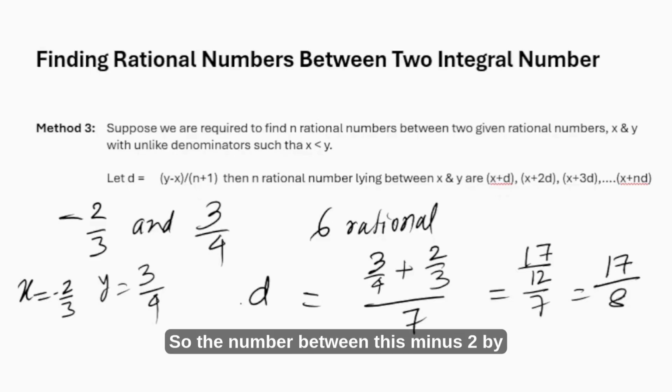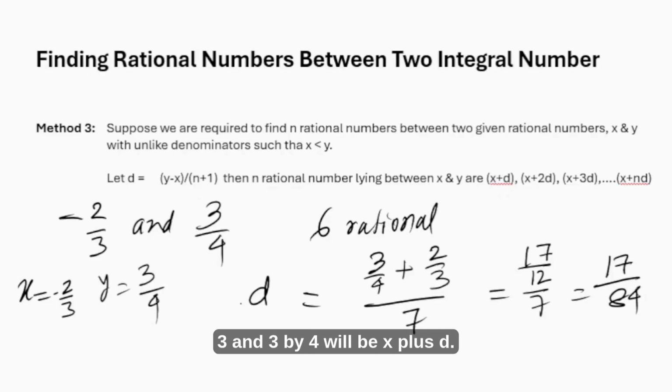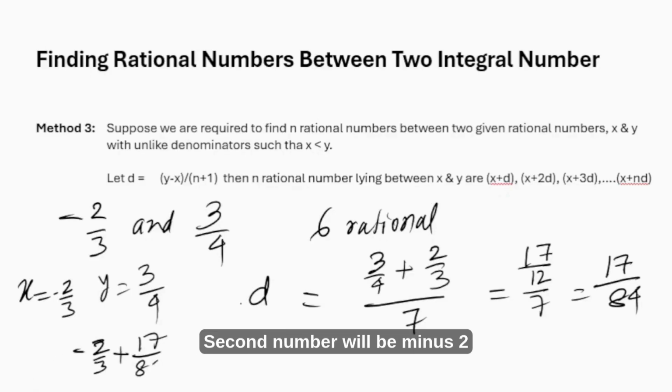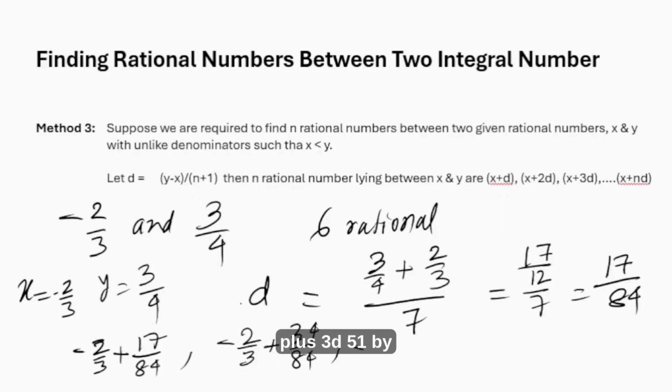So the numbers between minus 2 by 3 and 3 by 4 will be x plus d. The first number will be minus 2 by 3 plus 17 by 84. The second number will be minus 2 by 3 plus 2d, which is 34 by 84. The third number will be minus 2 by 3 plus 3d, 51 by 84.